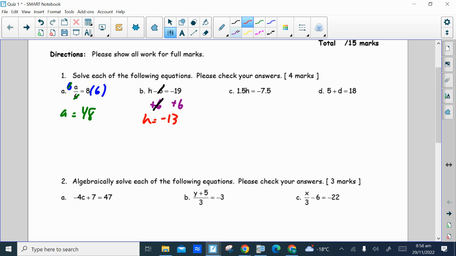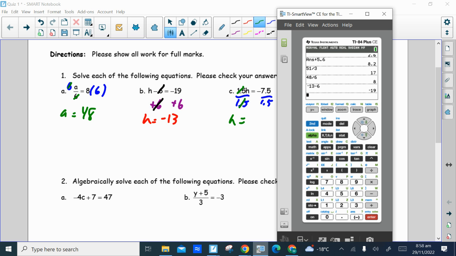Question C, those two are hooked together by multiplication. So we would divide both sides by 1.5. And so on the left, the 1.5's cancel. We'll have h by itself. And on the right side, negative 7.5 divided by 1.5, I think, is negative 5. Negative 7.5. Whoops, I forgot the negative.